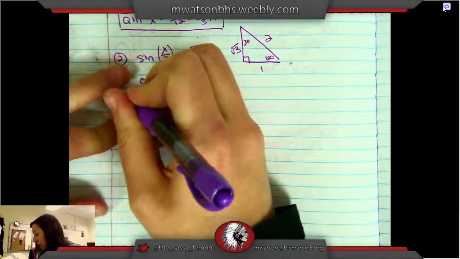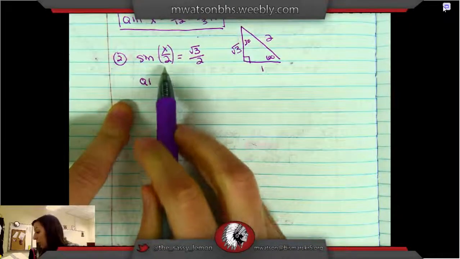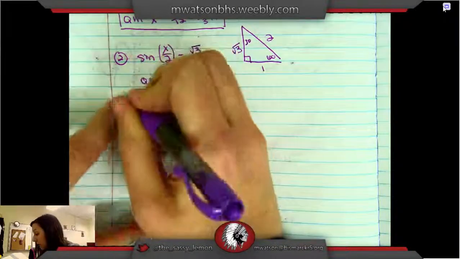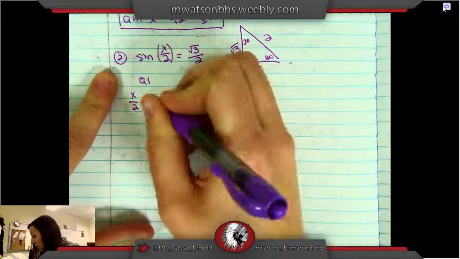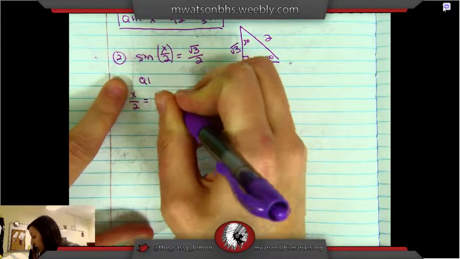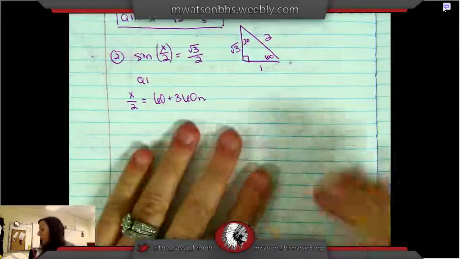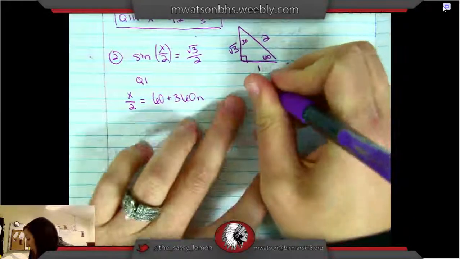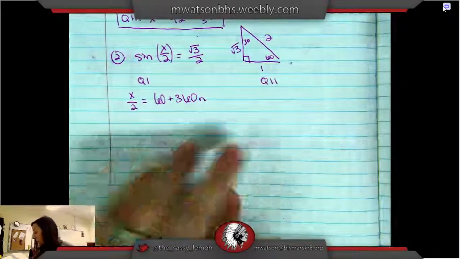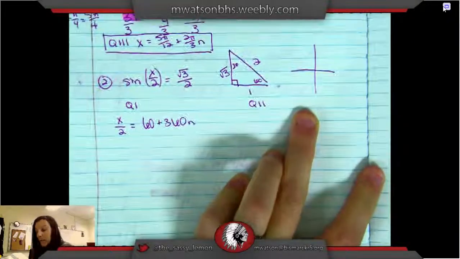So instead of putting x equals, I'm going to put my whole argument, my whole angle, equals. So I'm going to have x over 2 equals 60 degrees plus 360 n. But that's not the only place sine is positive, so I also need to look at quadrant 2. And I'm just going to sketch out my little coordinate grid over here.